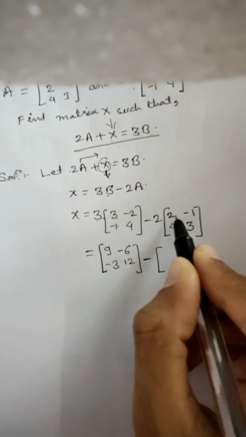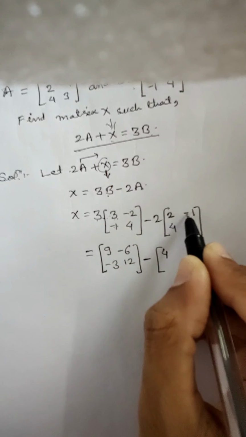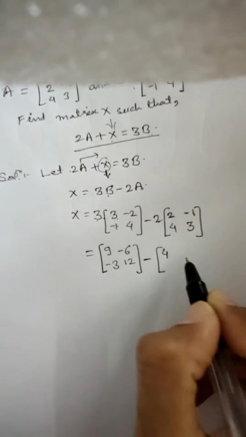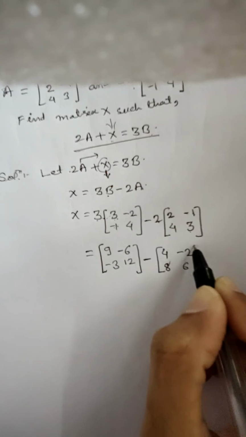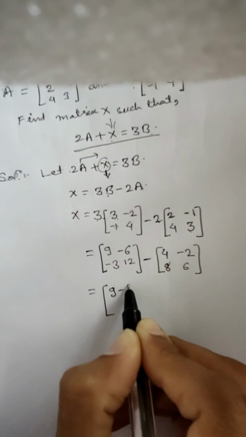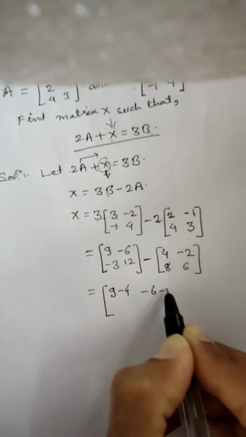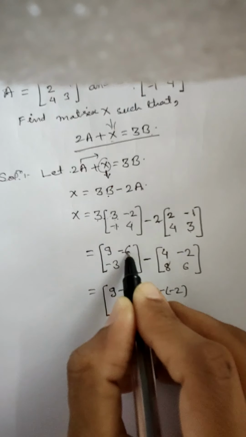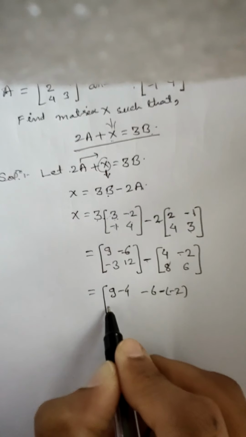Now I am multiplying each element with 2. So 2 into 2 is 4, 2 into -1 is -2, 8, 6. And now subtract. So 9 minus 4 is 5. Minus 6 minus (-2) becomes minus 6 plus 2, which is -4.